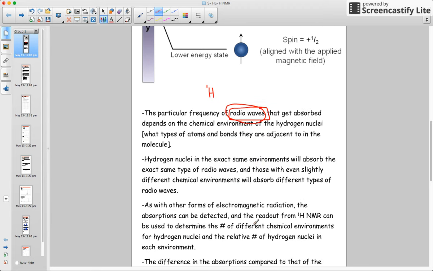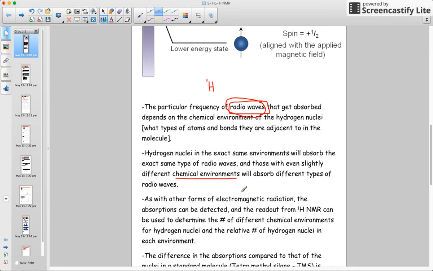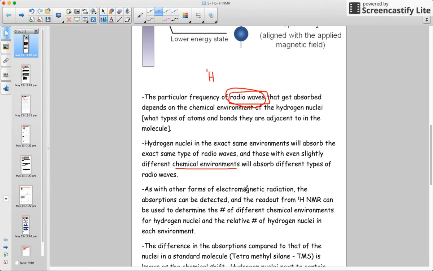Okay, the exact type of radio wave that gets emitted depends on the type of chemical environment that the hydrogen is in. Even the difference between a hydrogen that's on, let's say, a CH3 methyl group and a hydrogen that is on a CH2 group in the middle of a carbon chain, those hydrogens will actually emit slightly different energy radio waves.